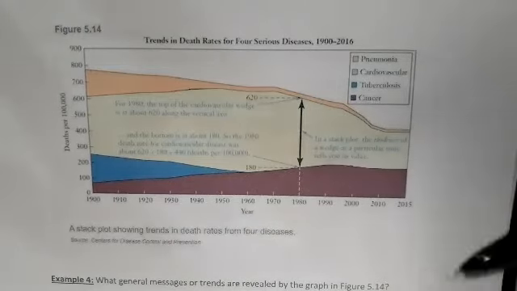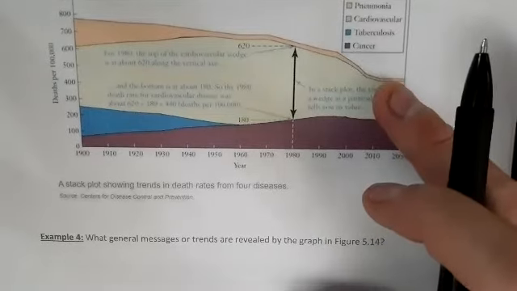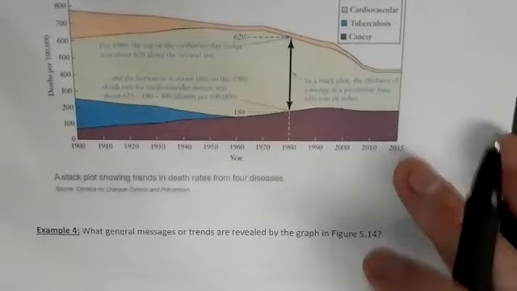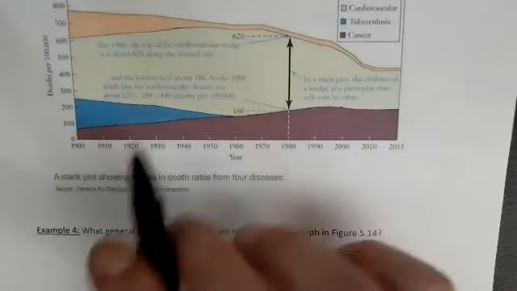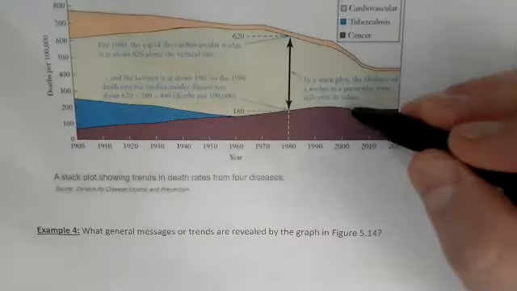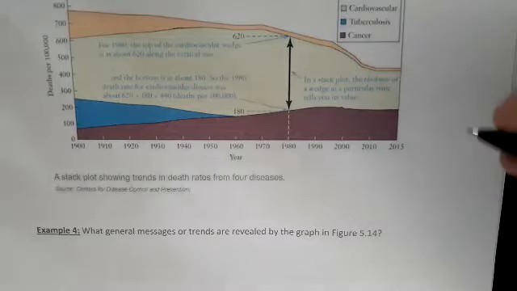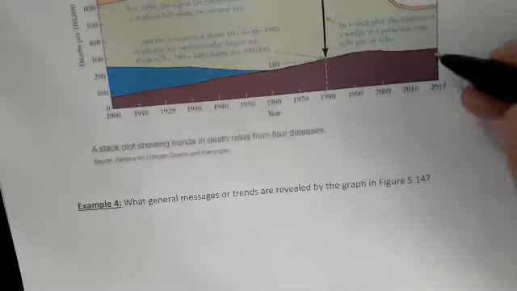And so what is this telling me about diseases? Maybe let's go from the bottom up. Let's start with cancer. So cancer looks like it's going up until about 1990. And then it looks like it kind of levels out after 1990, right? Not exactly leveling out, but fairly well.